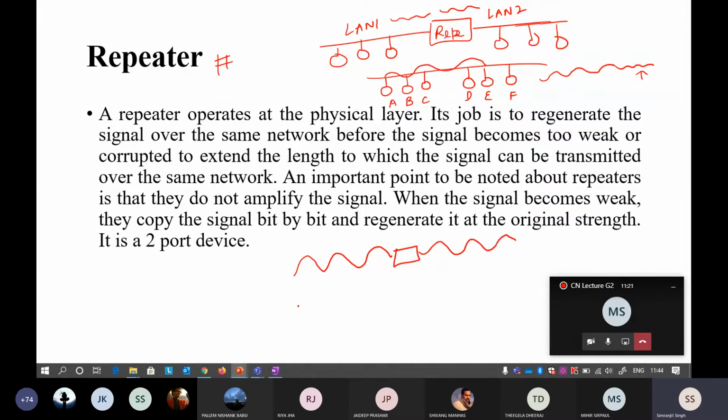If your signal is very powerful in the starting but then tries to lose its strength, and you put a repeater there, it will repeat the same weak signal. That is the problem. So it is very important to identify the place where to connect the repeater: you have to connect it before the signal starts to get weak.